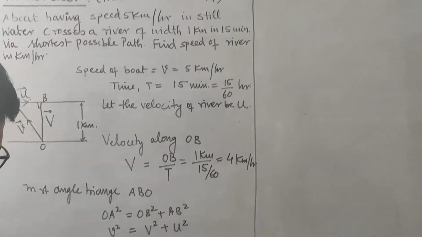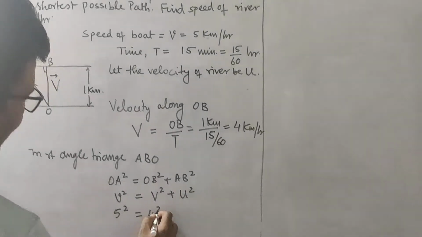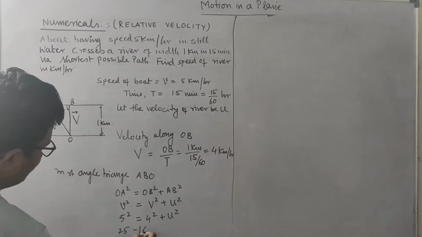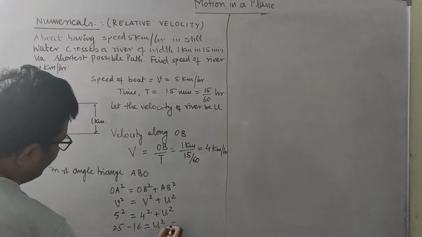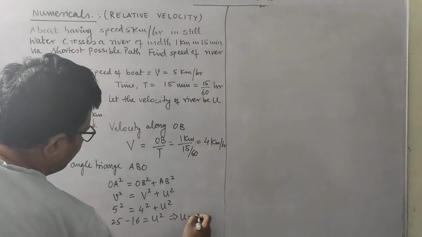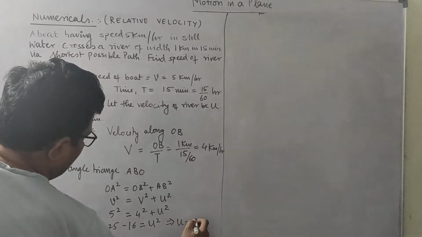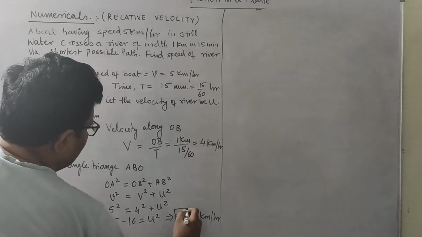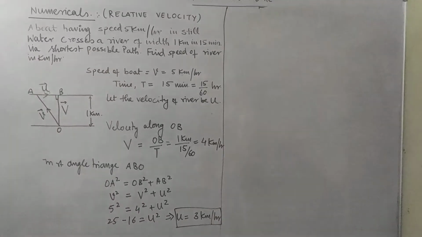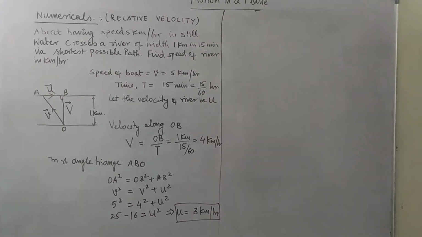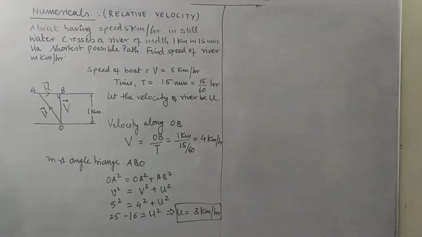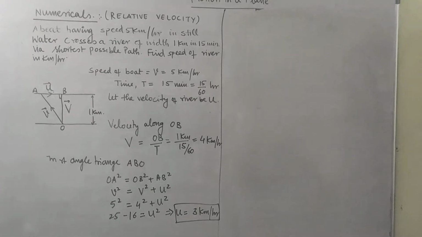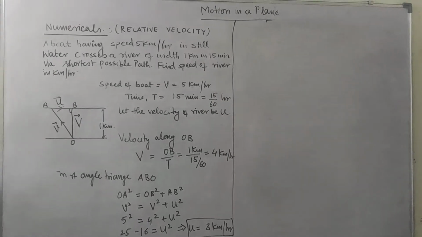So v is 5 square, 4 square plus u square. 25 minus 16 is equal to u square, which implies that u is 3 km per hour. This is the velocity of the river flowing through which the boat will cross. This is how you will find the speed of the river.